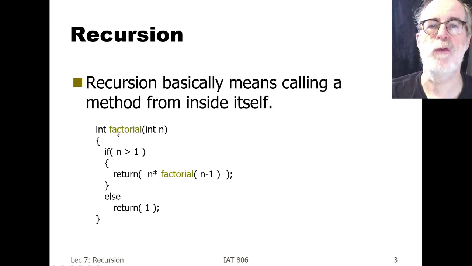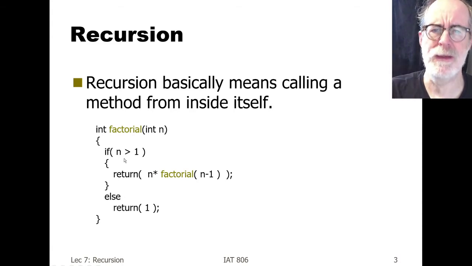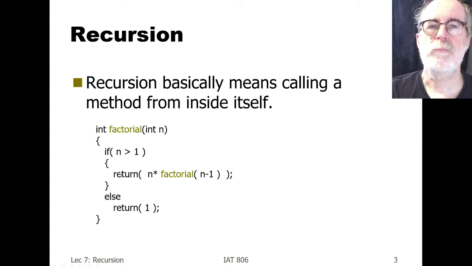If you call factorial with some integer greater than 1, because multiplying by 1 gives you the same value, it returns n times factorial of n minus 1. So 6 factorial equals 6 times 5 factorial.